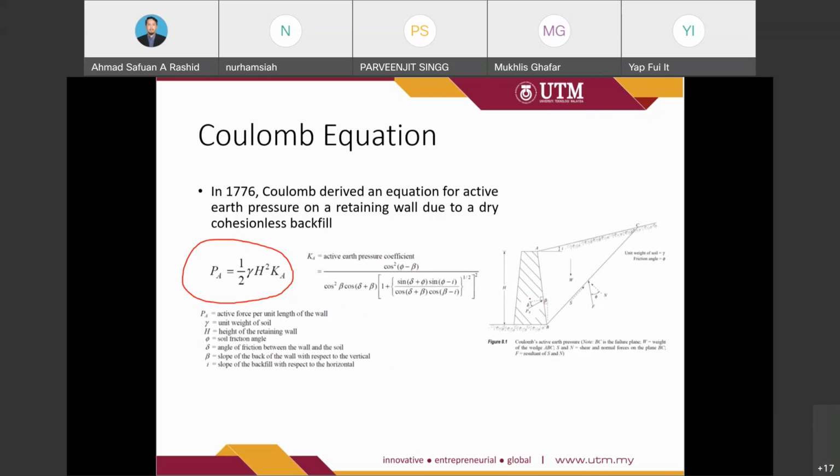Then we have here delta, the angle of friction between wall and soil. So normally this value should be less than the phi. It should not be greater than the phi value.